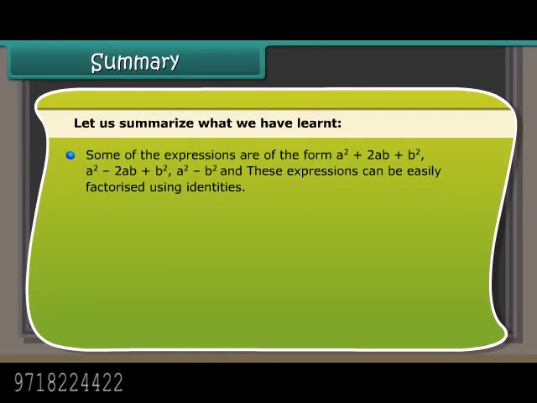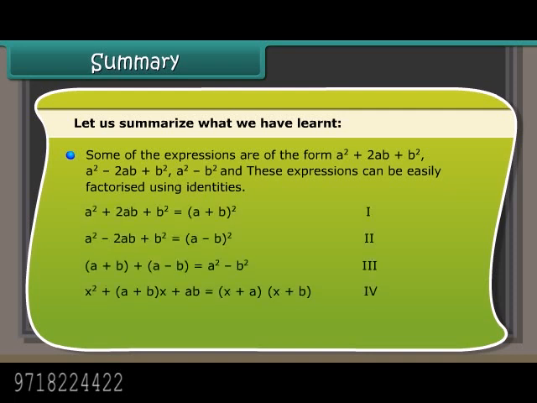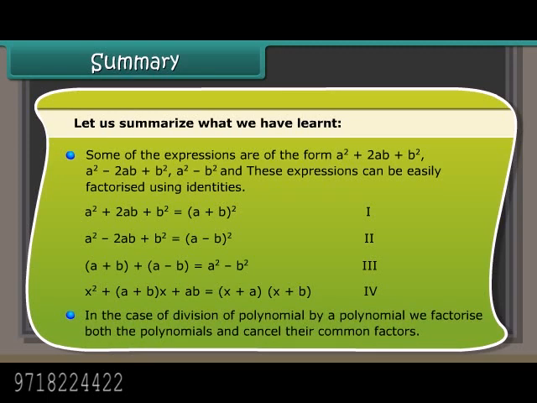Some of the expressions are of the form a squared plus 2ab plus b squared, a squared minus 2ab plus b squared, a squared minus b squared, and these expressions can be easily factorized using identities. In case of division of polynomial by a polynomial, we factorize both the polynomials and cancel their common factors.